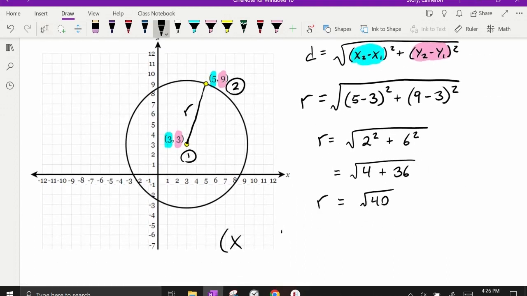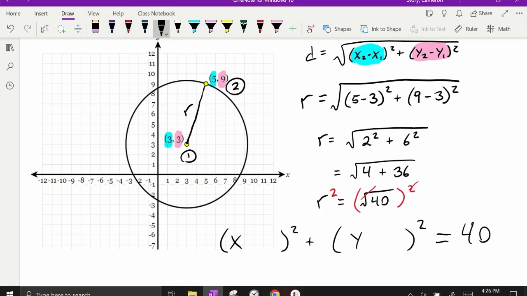x minus h squared plus y minus k squared is equal to the radius squared. Now, the radius squared, if we took both sides of this equation and squared it, we would cancel out here, and we get that r squared is actually equal to just 40.